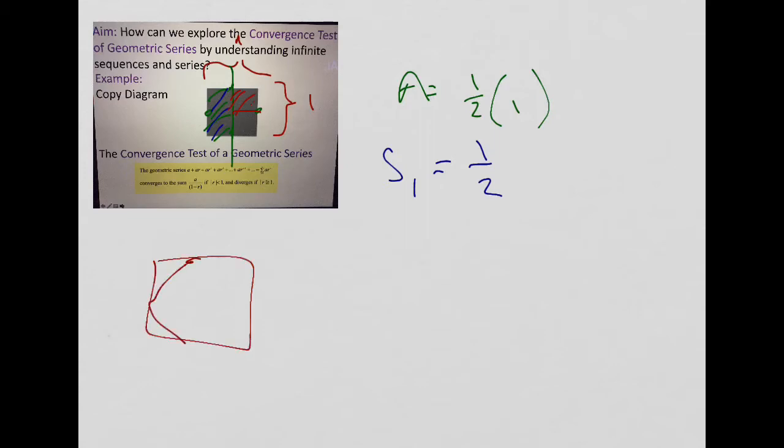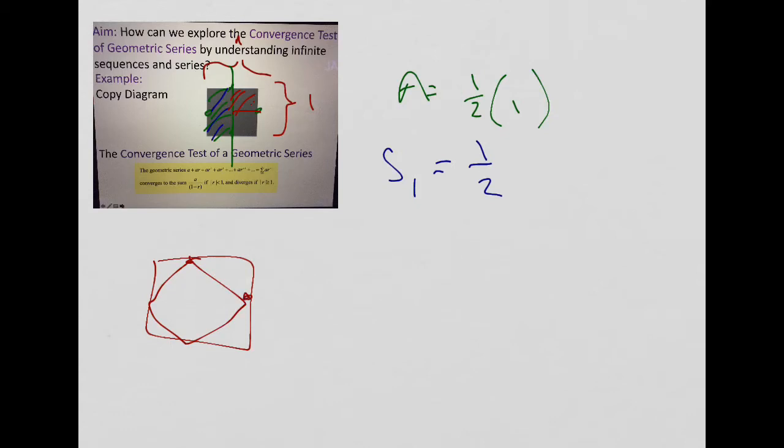And I want to try to find the area. So the area of this is going to be 1/2 times 1. So if I'm just finding the sum of just this one piece, S sub 1, it's going to be 1/2. Now, if I want to continue to find the sum of the areas that I'm creating by doing half, let me take a different color here, of what is partitioned, okay, and there's other problems too where you're connecting the midpoints in a different way.